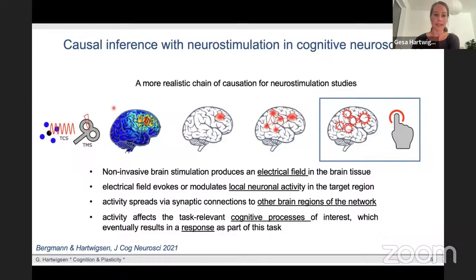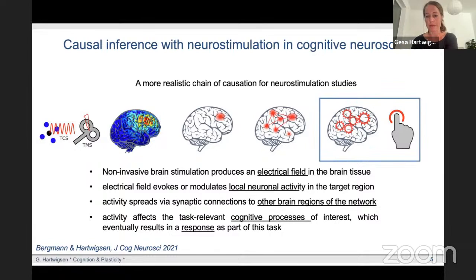And at each step in this chain of causation, we can also have unwanted effects in other parts of the network. For example, the electrical field that you induce may not be as focal as you think. The modulated task-related and network-related activity may also spread to other parts of the network.